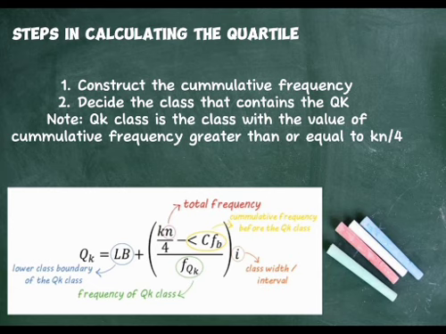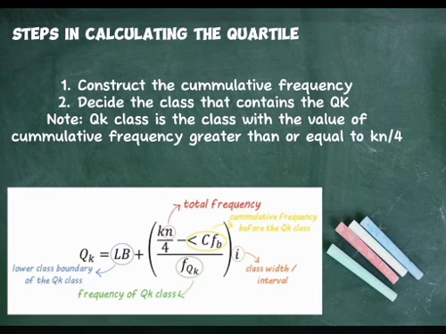The less than CF sub b is the cumulative frequency before the Q sub k class, F sub k is the frequency of the Q sub k class, LB stands for the lower class boundary of the Q sub k class, and i is the class width or interval. If you see, this step is difficult in solving quartile for group data. To make it easy, let us have an illustrative example.